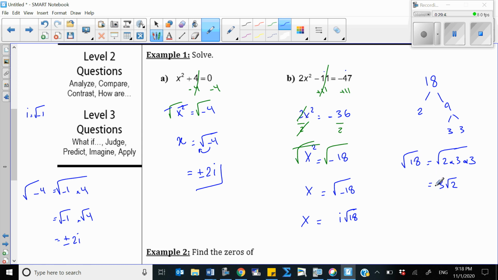But notice that this is plus and minus. I'm sorry, it's basically plus and minus 3i square root of 2.